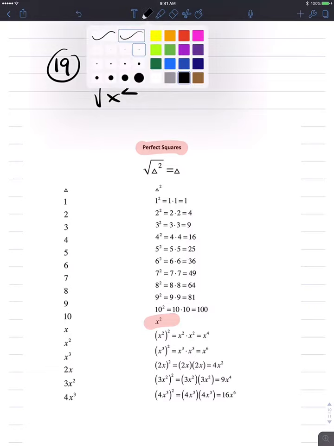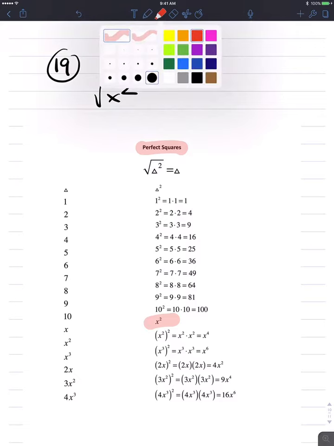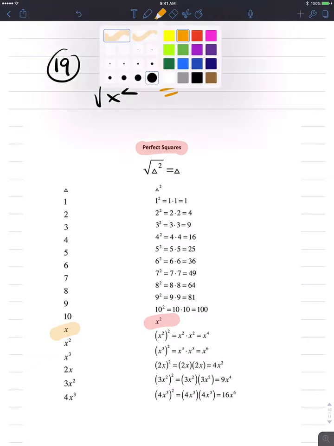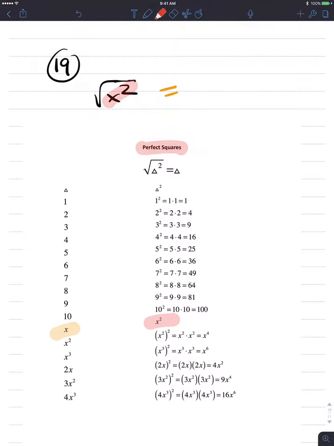Now we have to answer what base was used here to obtain x squared. What was raised to the second power? And that was simply x. So the square root of the perfect square, x squared, is really x.